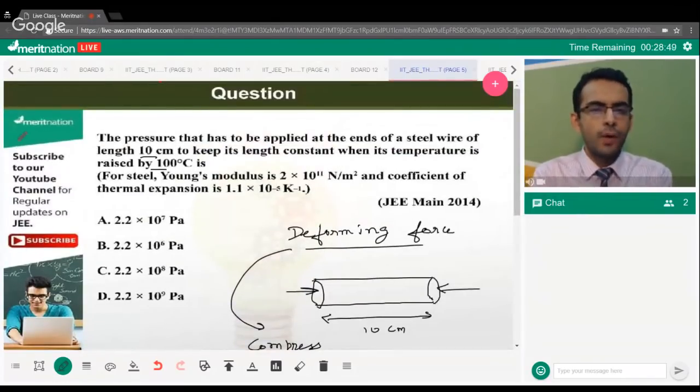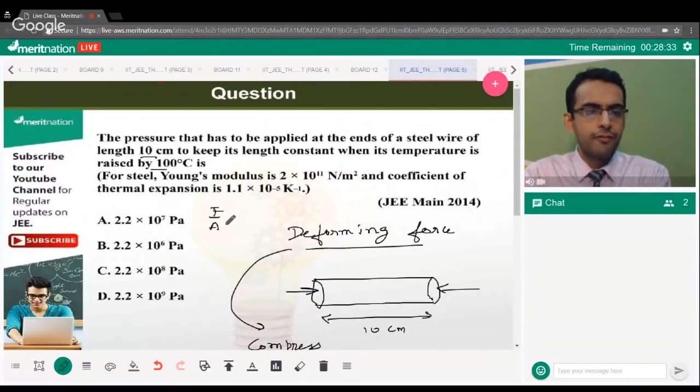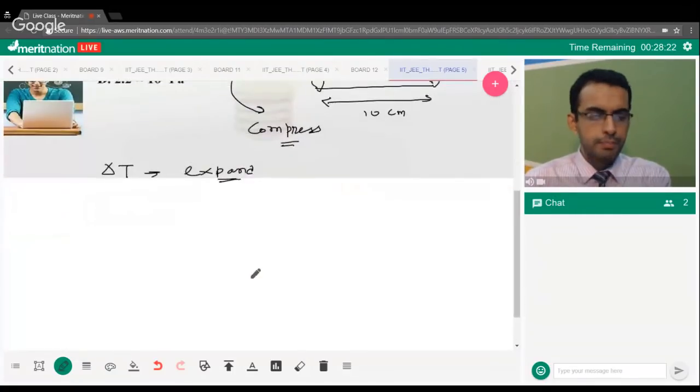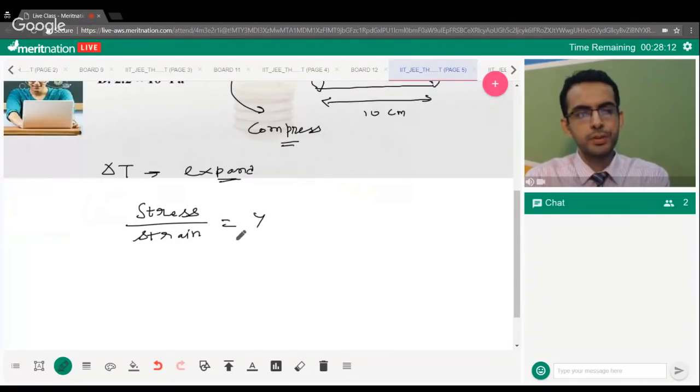In the question, it says the pressure that has to be applied at the ends. So basically, we are required to find the deforming stress. What is pressure? Pressure is F upon A, and F is the deforming force. Now, stress over strain is equal to Young's modulus.